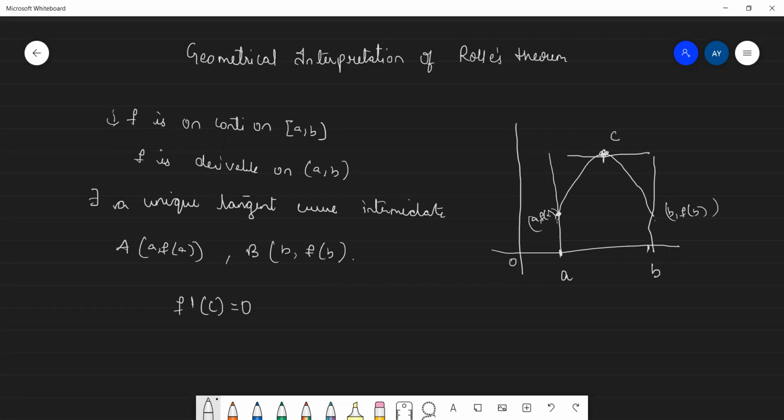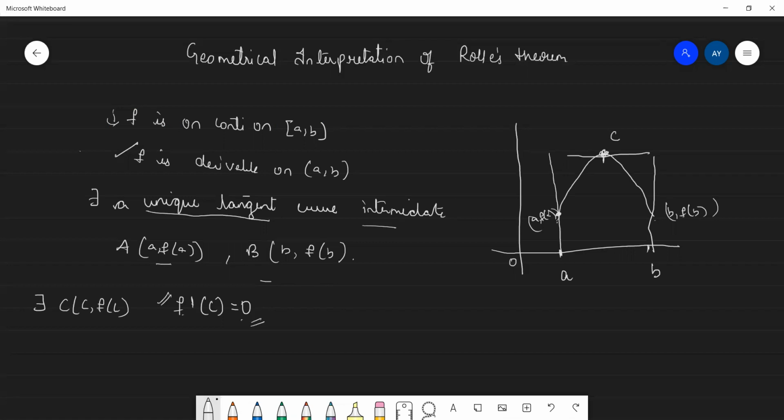That is, if you take the derivative at this point, f'(c) will be equal to 0. I repeat this point. f is continuous on [a, b]. f is derivable on (a, b). And there exists a unique tangent to the curve for every intermediate point between A and B. If f is derivable on (a, b), then there exists some point (c, f(c)) such that f'(c) is equal to 0.